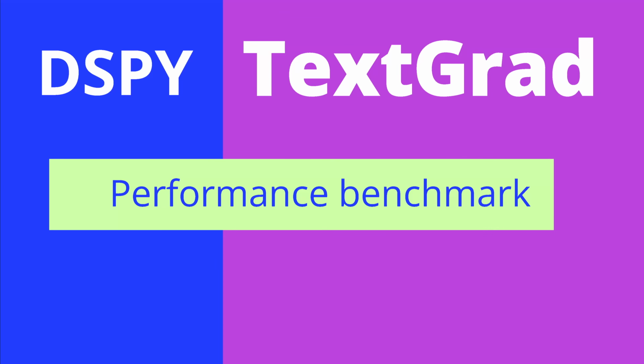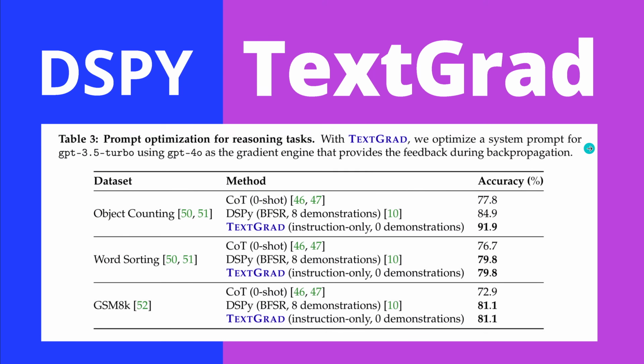Now, I know that you want to see the performance benchmark between DSPy and TextGrad. Okay, let's have a look at this. So now we optimize a system prompt for GPT 3.5 Turbo using GPT-4 Omni as the gradient engine that provides the analytic feedback during this textual backpropagation.